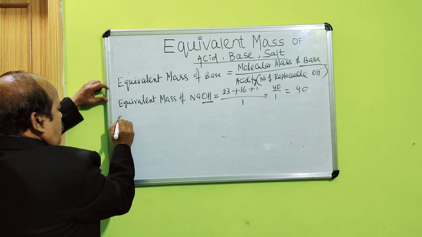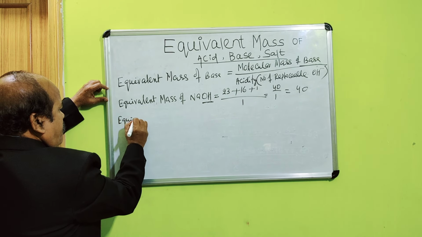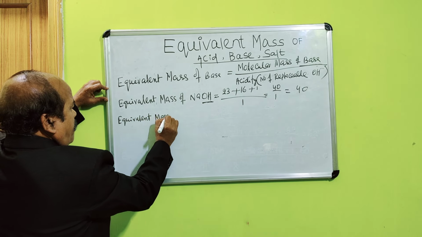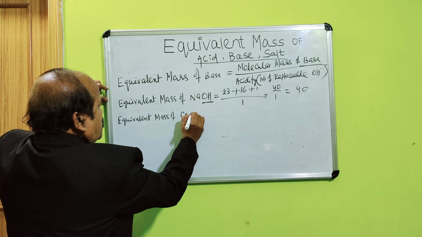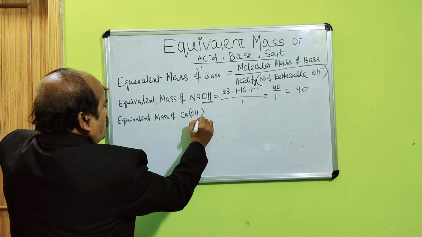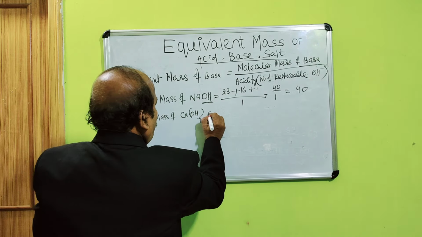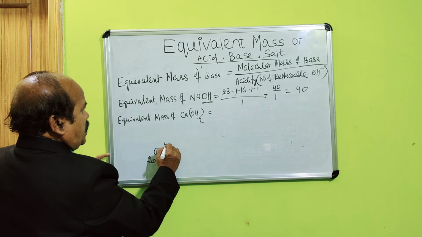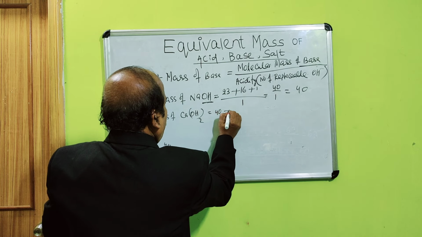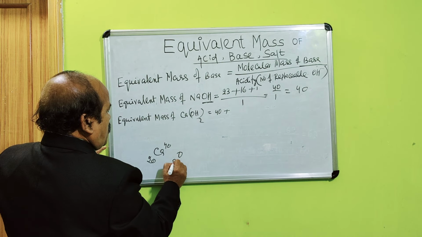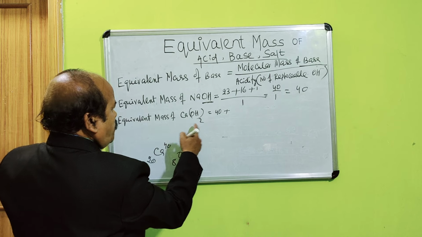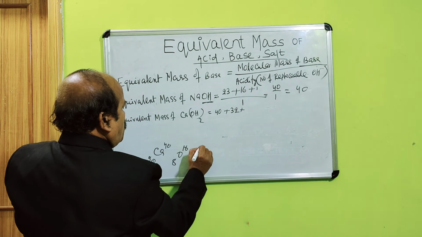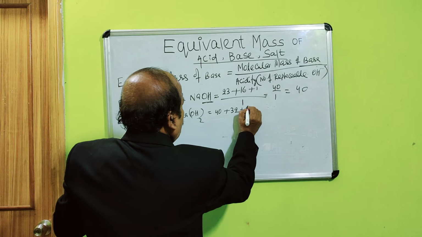Equivalent mass of calcium hydroxide, Ca(OH)2. Calcium, atom number 20, mass number 40. So I shall write here 40 plus oxygen, atom number 8, mass number 16. So for 2, 32. Plus hydrogen, atom number 1, mass number 1. So 2 is 2.